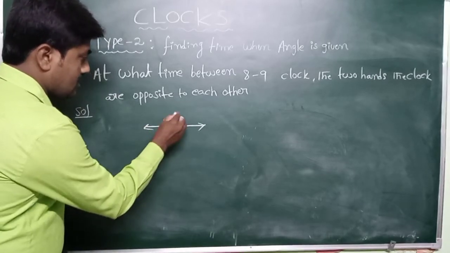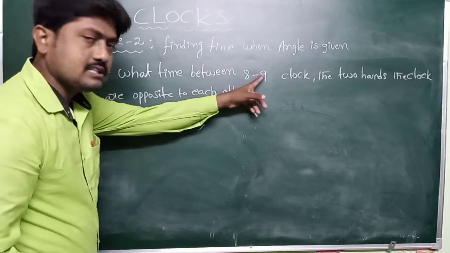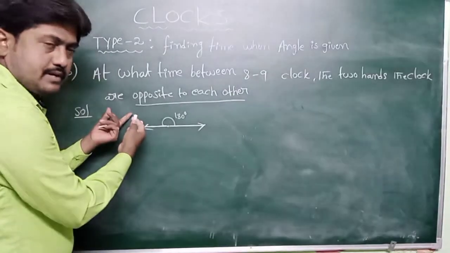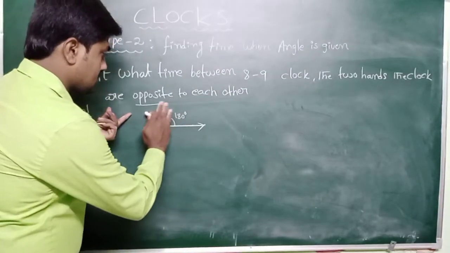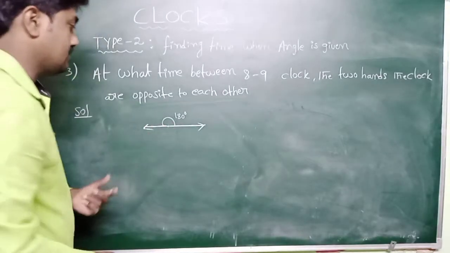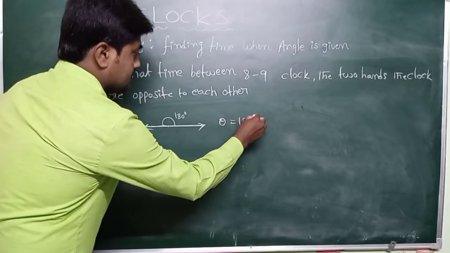What is the angle here? 180 degrees. The angle is not given directly, but 'opposite to each other' is the given statement. So theta is equal to 180 degrees.